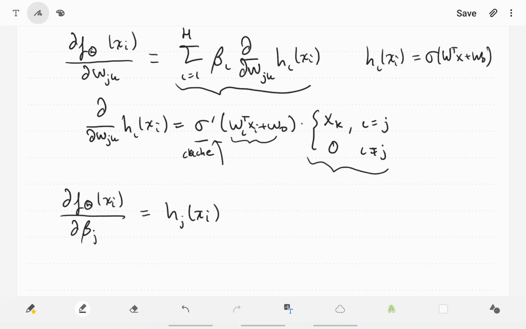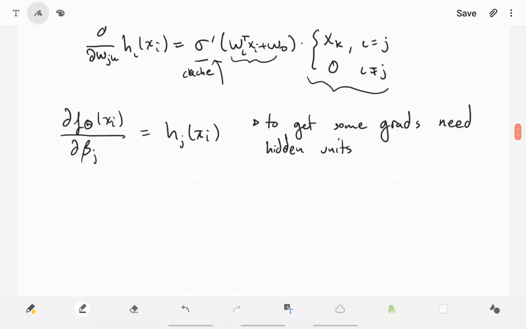And so the basic idea is that to get the gradients, we need the evaluation of the hidden units. Okay. And so the first step, if we want to do gradient descent, is to do the forward step.